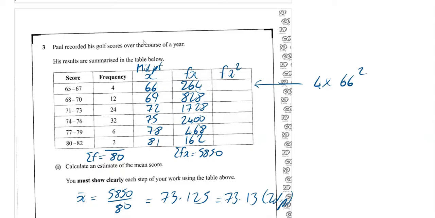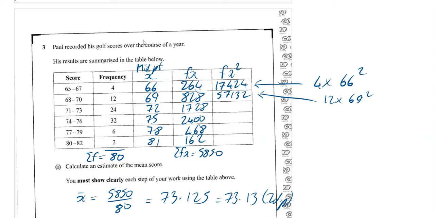So 4 times 66, and then that gets squared, and these are very big, and you should expect these to be big. 17424. The next one again, it's going to be 12 times 69 squared, and that is 57132.